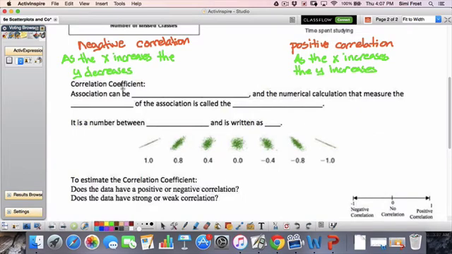Correlation coefficient. So an association can be strong or weak. And the numerical calculation that measures the strength of the association is called the correlation coefficient. So these words right here, the correlation coefficient.